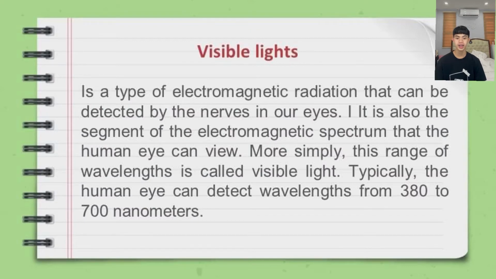So let's move to slide 2. First of all, we have visible light. Visible light is a type of electromagnetic radiation that can be detected by the nerves in our eyes. Modern astronomers study electromagnetic radiation, not just visible light, but other types as well, because examining this radiation helps astronomers to understand the composition, size, temperature, and movement of celestial objects.